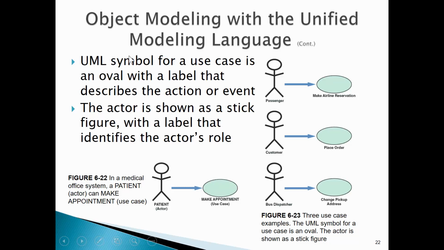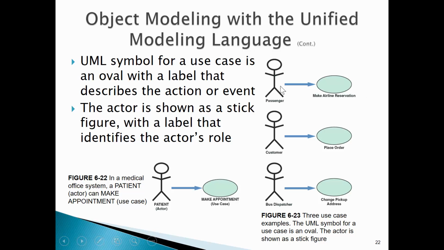Okay, so external entities are called actors. They initiate use cases by requesting the system to perform a function or process. So consequently, there's going to be that link between them. Okay, so here's an example. The symbol for a use case is an oval, with a label that describes the action or event. And of course, this is again another black box. We don't really know what goes on inside here. We just know that inside here is something that's going to be capable of making an airline reservation.